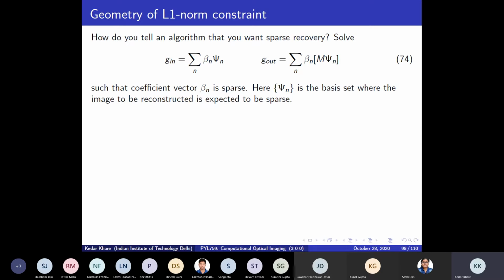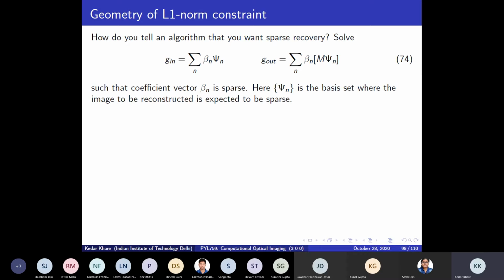If your g in was an N pixel image, formally the number of coefficients beta n will be the same as the capital N, the number of pixels in the image. But what we expect from this basis is that the number of significant coefficients will be much smaller.